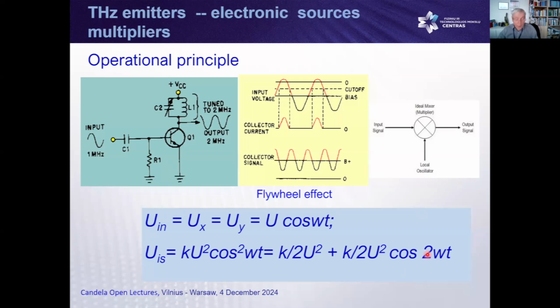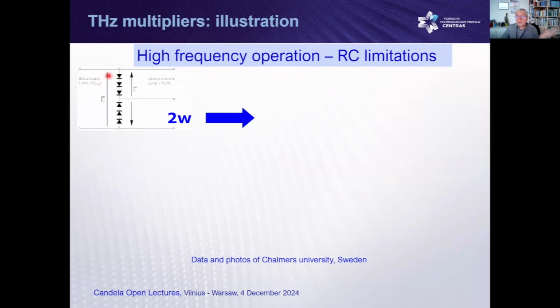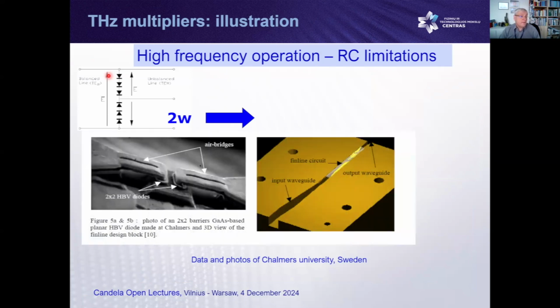So it's good. But when we go to higher frequencies, we have some unpleasant stuff, the so-called RC limitation. It means my device usually has a resistance and capacitance, and RC begins to limit the operation. And in fact, if we look at how modern frequency multipliers look, for instance, those developed by Chalmers University in Sweden, they have a very specific form.